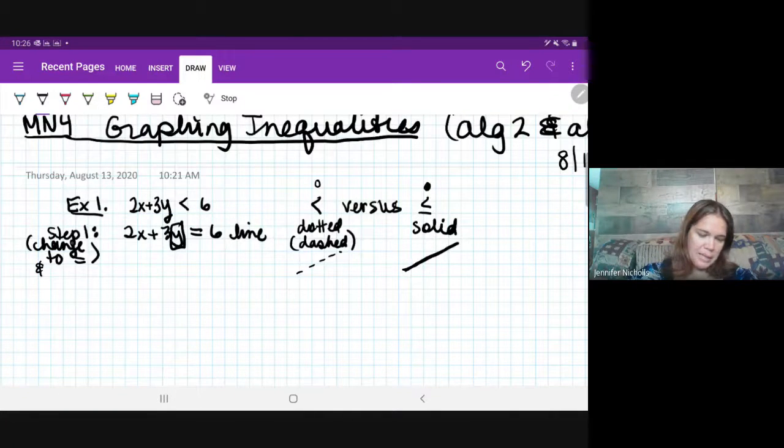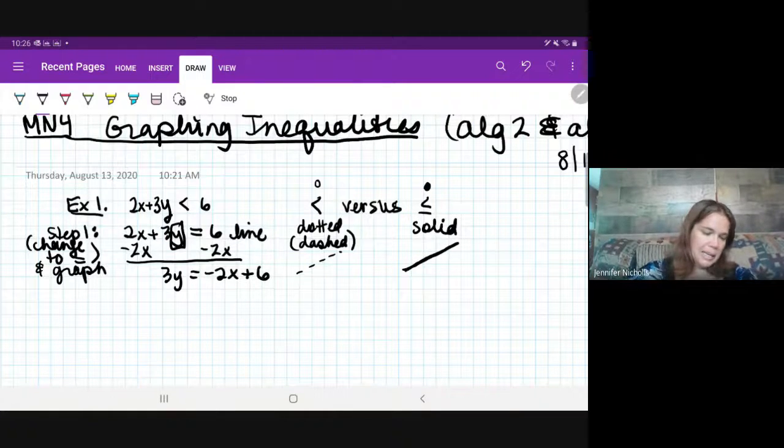So I'm writing this step 1, change to an equal sign and graph. Okay, I agree. So y equals mx plus b because that's a line. And in algebra 2, you're going to have a lot more shapes than just lines. So we're going to have to do it with different shapes too. But at the beginning, let's do it with a line.